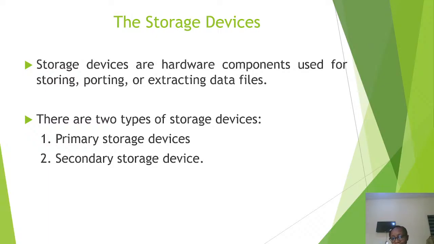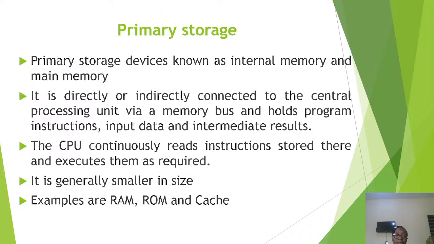We have two main types: the primary storage and the secondary storage. Primary storage devices are known as internal memory or main memory. You can call them internal memory, you can also call them main memory.